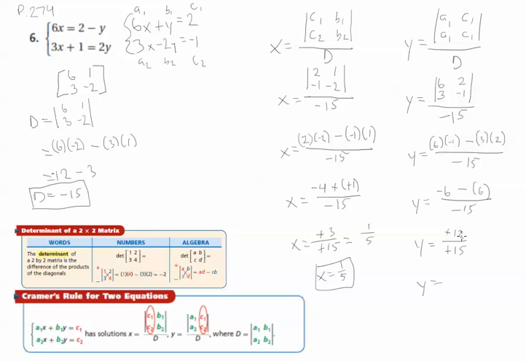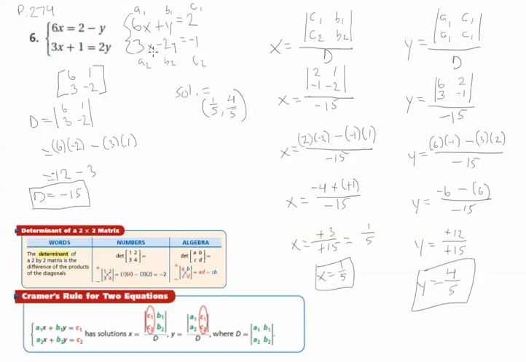If I divide the top by 3 and the bottom by 3, I get 4 over 5. Y equals 4 over 5. So my solution to this system is (1/5, 4/5). 1/5 and 4/5 is the solution.